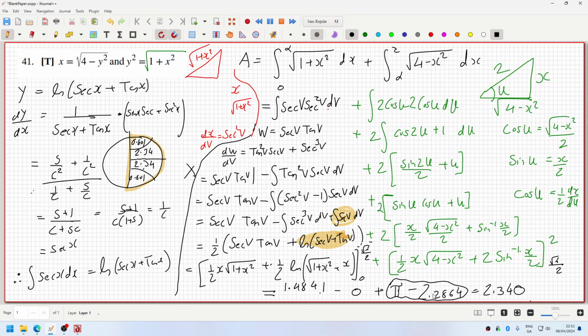Huh? Why is it the same number? Oh, because root 3 over 2, same as root 6 over 2?